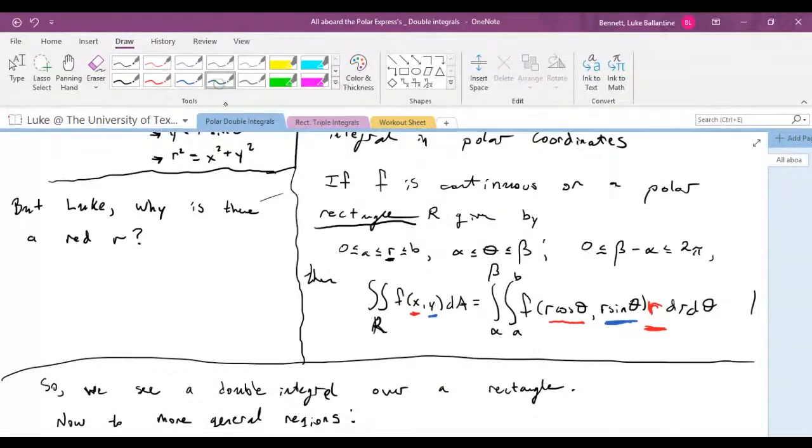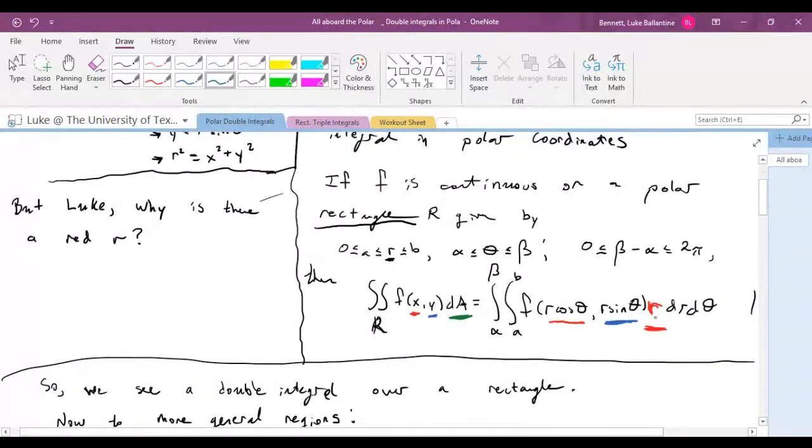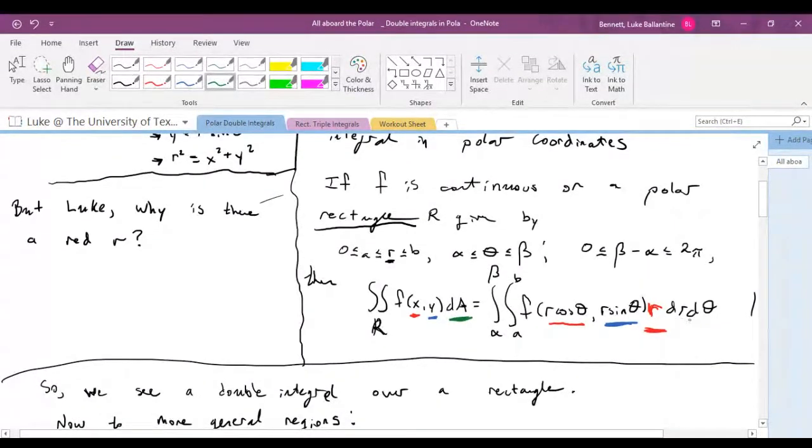And then the differential element dA actually turns into r dr d theta.